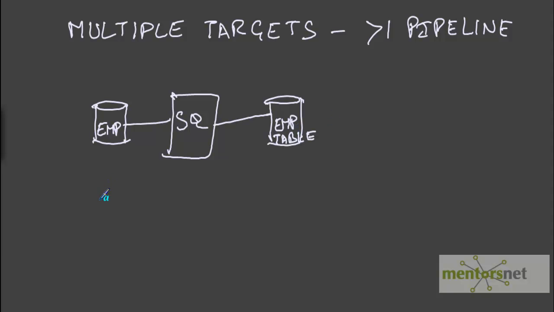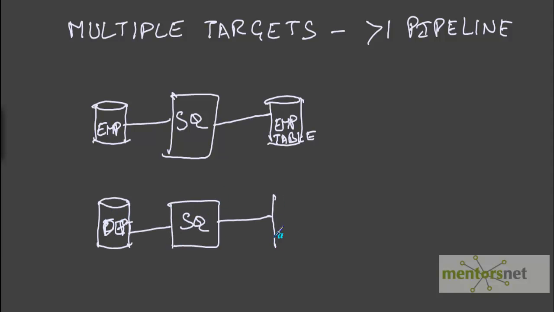And then in the next pipeline there is again an employee table or a department table and a source qualifier and a department flat file this time. Basically flat file or a table, it doesn't matter. So let's take a department flat file. So these are two pipelines. These are not connected to each other, two source qualifiers and two different pipelines.